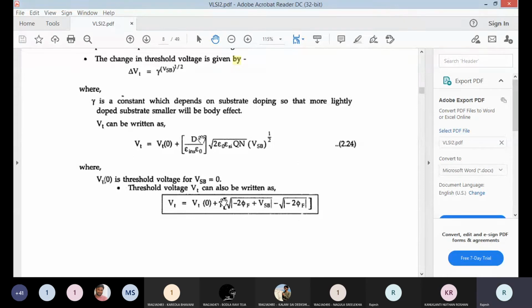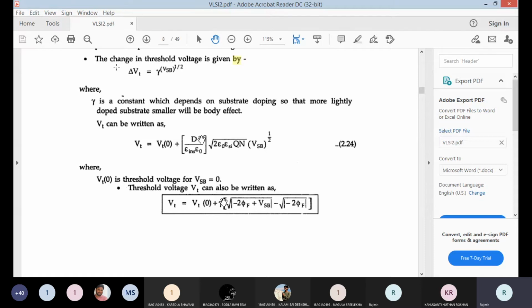After substituting all those parameters, we have one equation for the change in threshold voltage as you apply VSB. When you apply VGS, electrons will move towards the channel, but these electrons experience a similar effect because some potential difference is also applied from source to bulk.